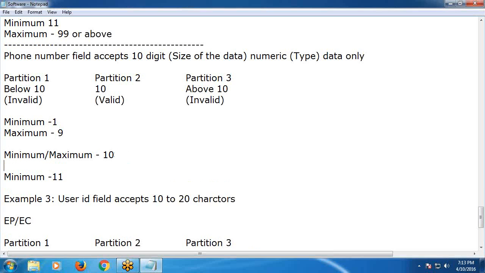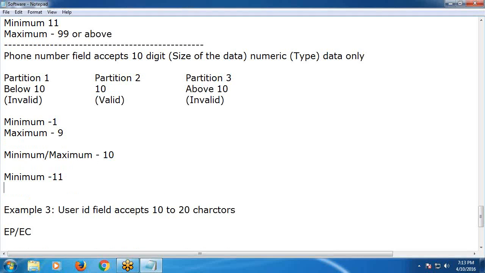Next, the second partition, only 10. Here minimum and maximum are 10. Next, here minimum 11, maximum suppose 99 or above.